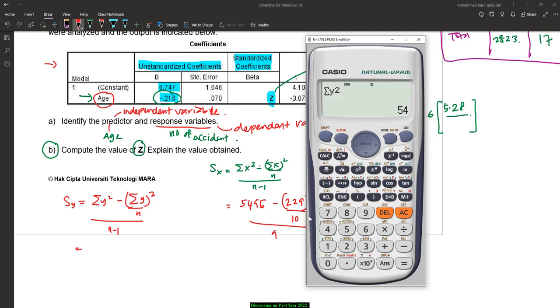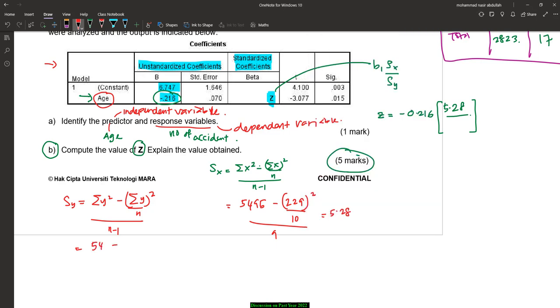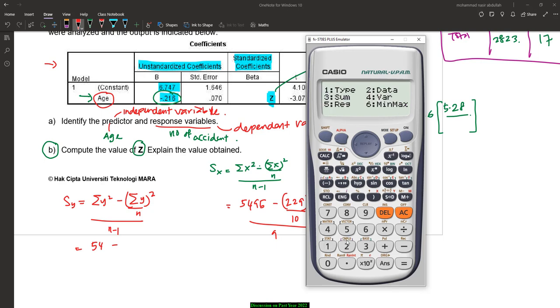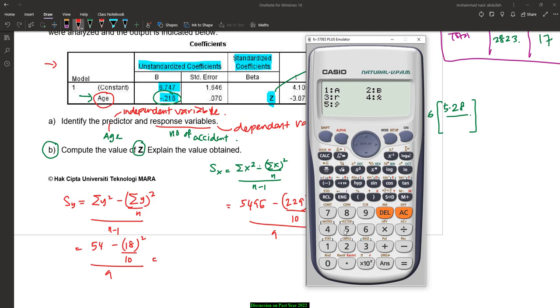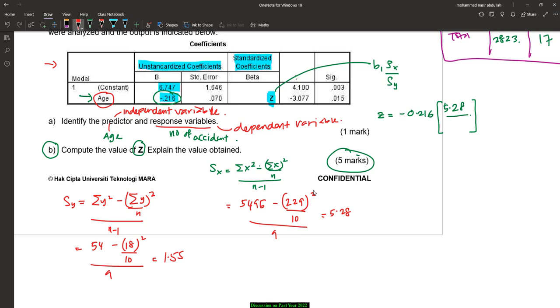So this one is 54, 54 minus summation of Y, number 4 is 18 multiplied with a power of 2 divided by 10, everything divided by 9. SY number 7, so this is 1.55. So you input the value here, 1.55.